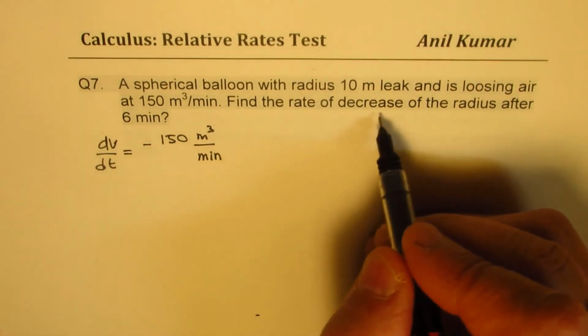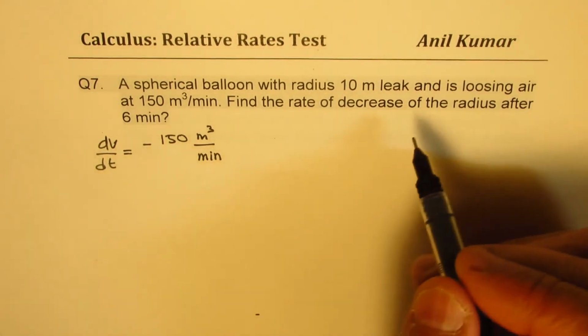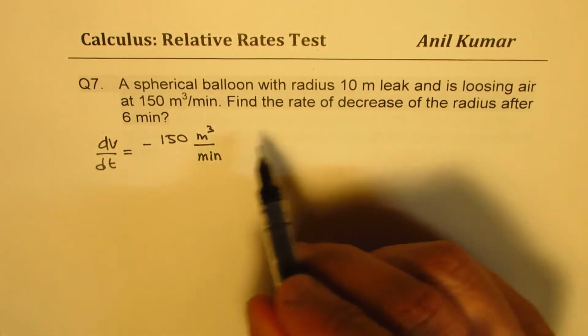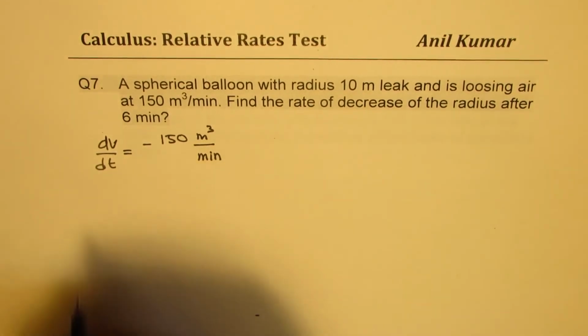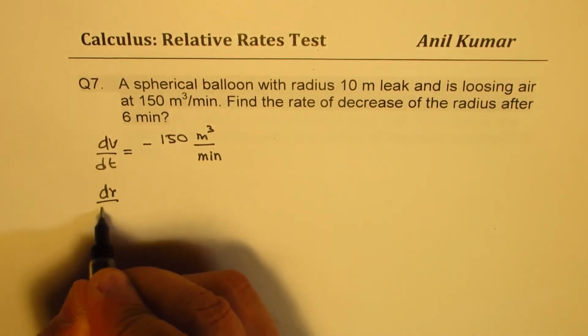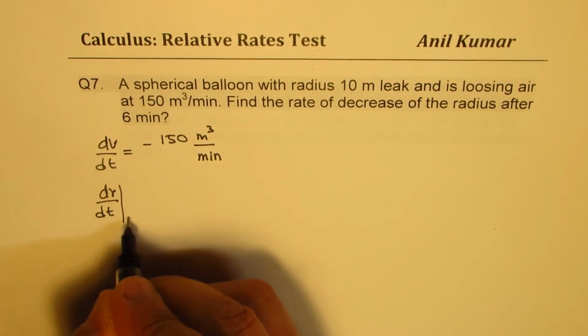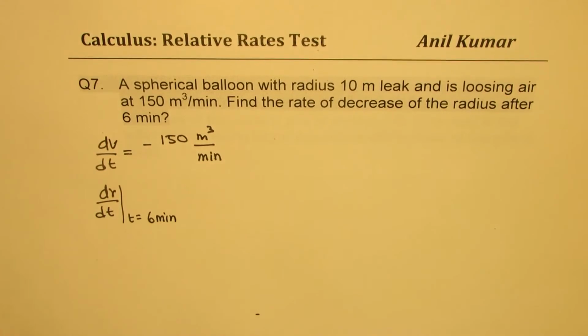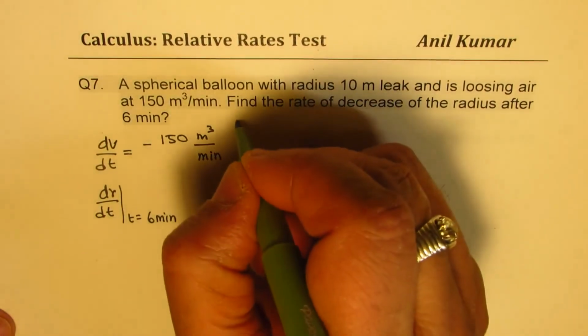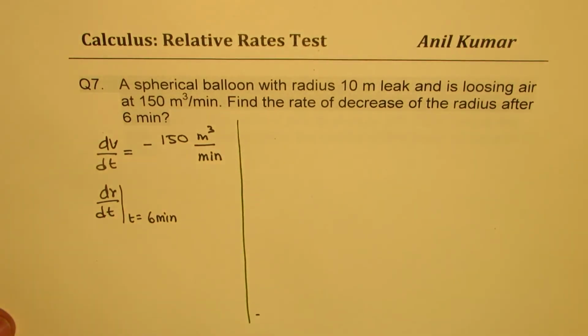Find the rate of decrease. Since we are already saying decrease, we'll get a minus answer, right? Find the rate of decrease of the radius after 6 minutes. So we need to find dr/dt when time equals 6 minutes. The volume of a sphere is 4 by 3 pi r cube.